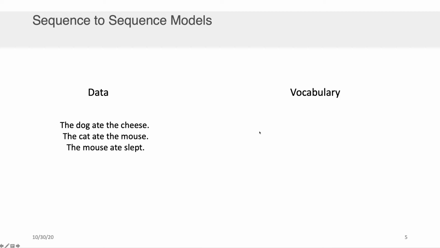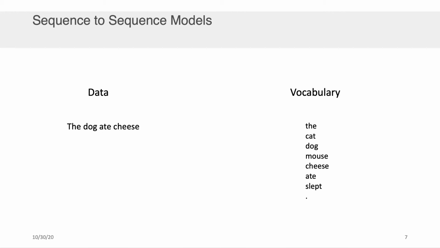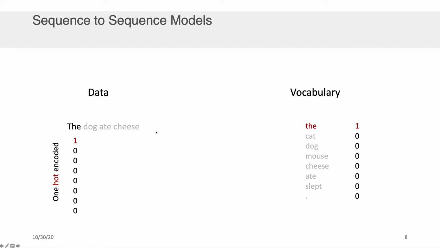Well, obviously the way I would start this if I wanted to train such an approach is I would have some training data of some kind in English, and from this training data, I would construct a vocabulary. This is just me reviewing things because later we're going to be speaking about some topics that build on these fundamentals. So I just want to make sure your memory is refreshed. Okay, so we have a vocabulary, and once we have a vocabulary, we can then, for a given sentence, like "the dog ate cheese," come up with its one-hot encoded representation.